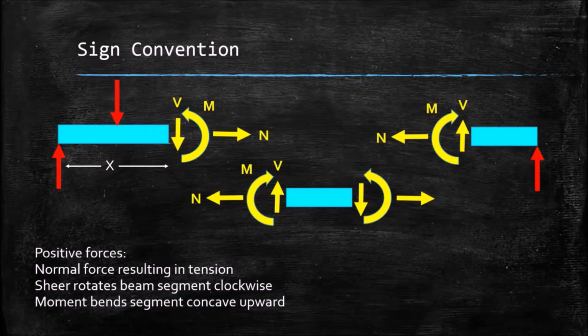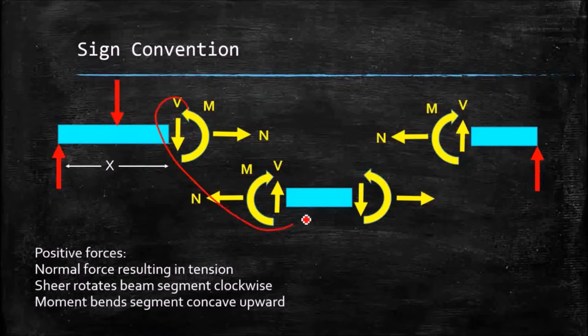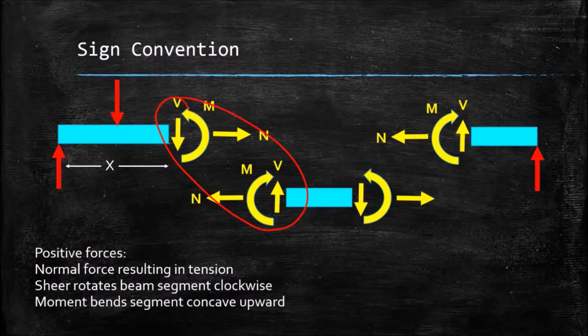If we look at a matching pair here, we can see that the forces are all drawn opposite once they're cut in sections and exposed, but internally they have to be the same value.